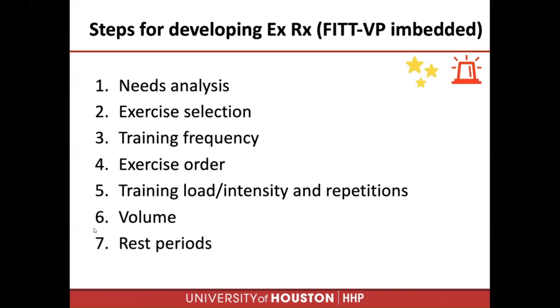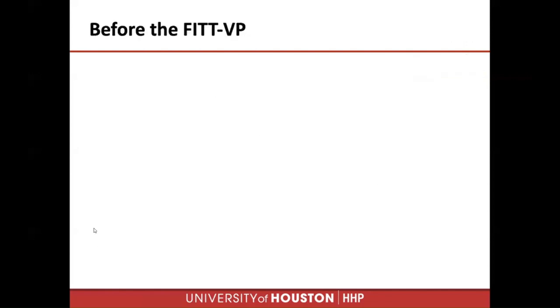So needs analysis should always be first. Then we're going to work on exercise selection, training frequency, the exercise order, training load, intensity, and repetitions, volume, and rest periods. So after we get the needs analysis and the exercise selection down, we can deal with the rest of them together.